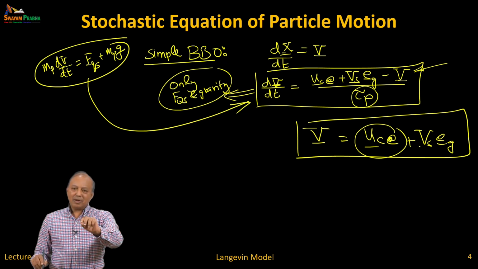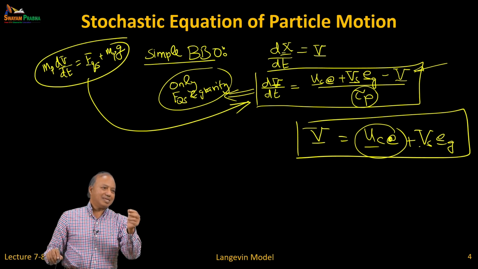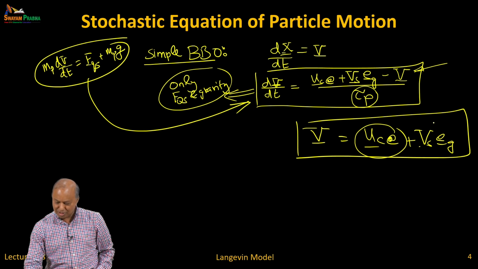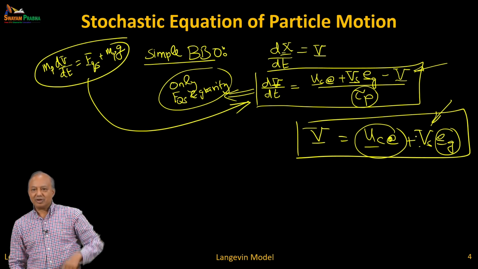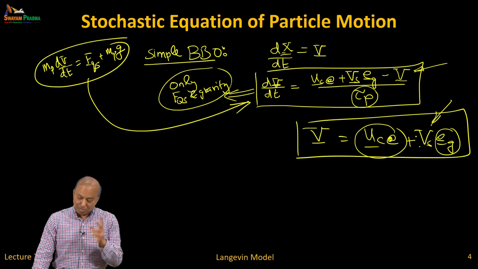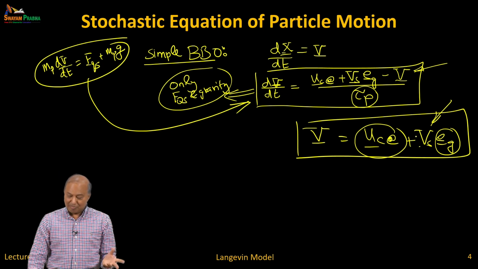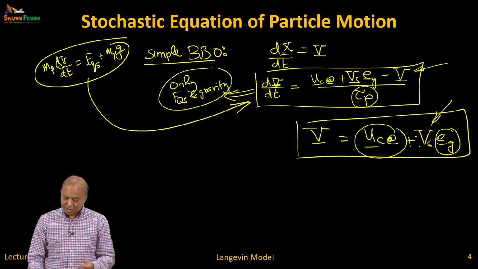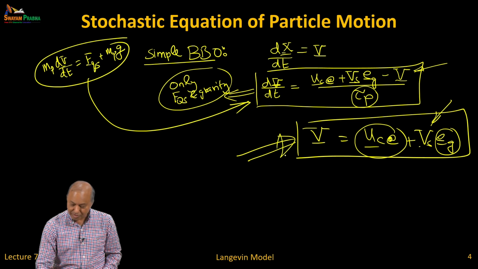So a small particle will move with the fluid, plus if it's a little heavier, it's going to settle down at the same time. This is the settling velocity, in the gravity direction, the vertical direction. So for small particles, the answer is pretty simple. For the Langevin model, you could think of this limit.